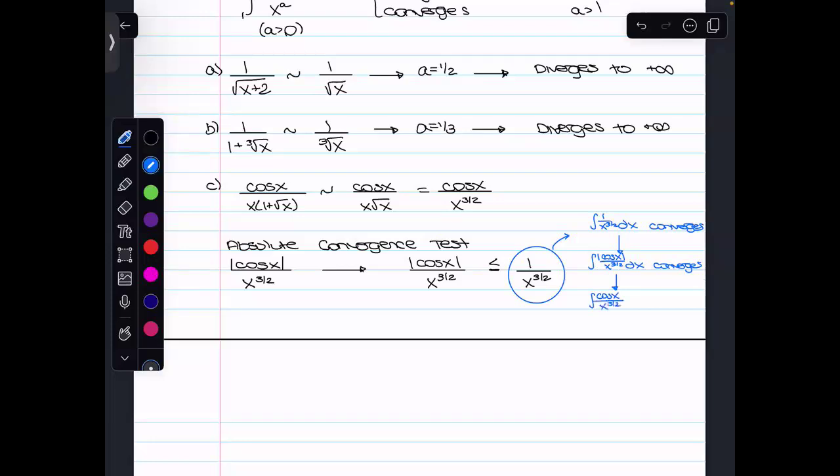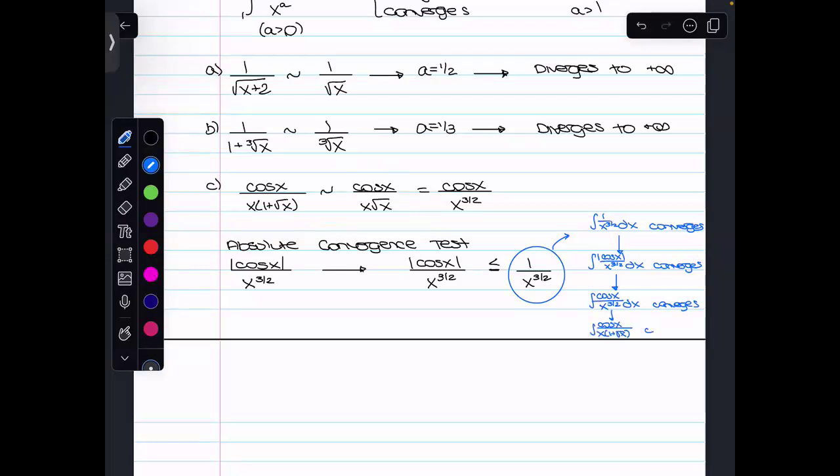So technically we have to use every test, because we use the absolute convergence test, then the comparison test, and then even the asymptotic one, because we removed the 1. So if it's an open answer, I would at least mention which tests you're using, just so it's clear.